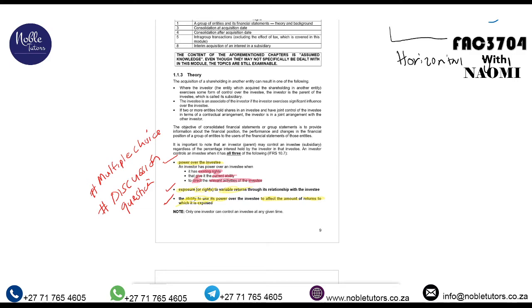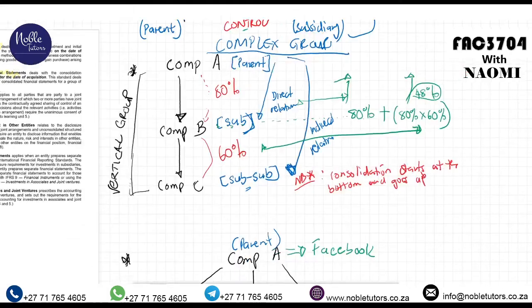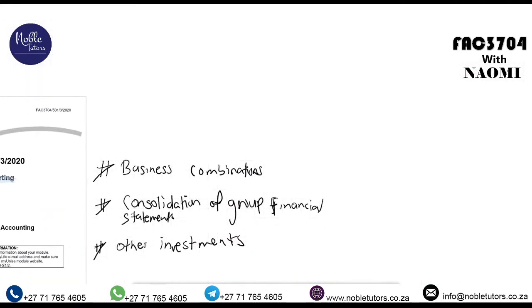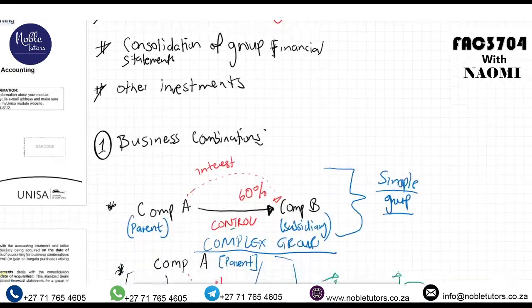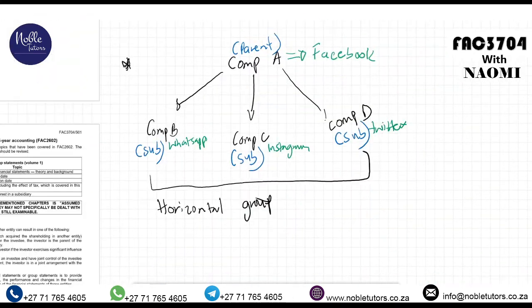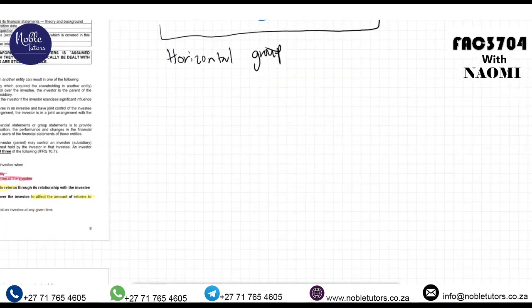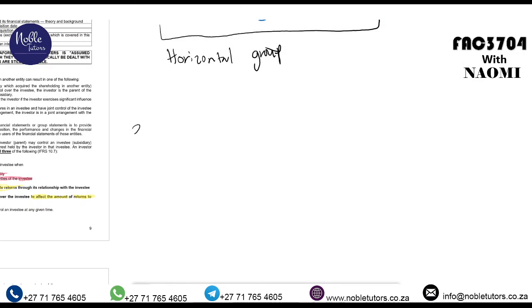Okay, all right. So now that we are there, so far we managed to do our business combination. Now I'm going to consolidation of financial statements. So I'm going to the second element of today: consolidation of group's financial statements.